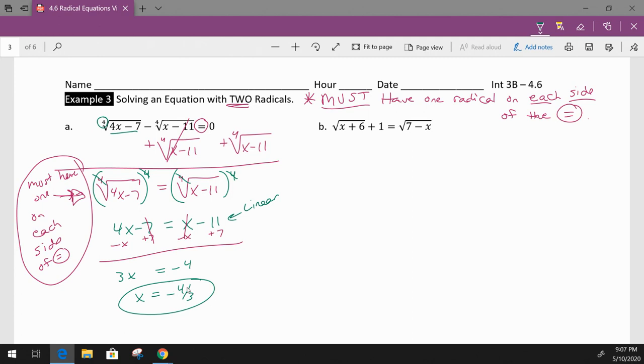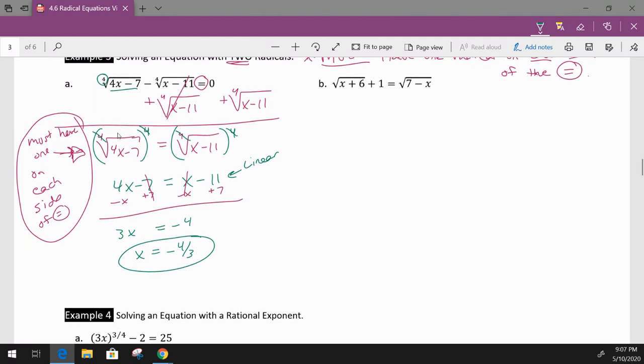So if we were to substitute negative 4/3 in the place of x, would we get a negative number? And actually, we would. So if I substitute the negative 4/3 in the place of x, just double checking to make sure. Yeah.